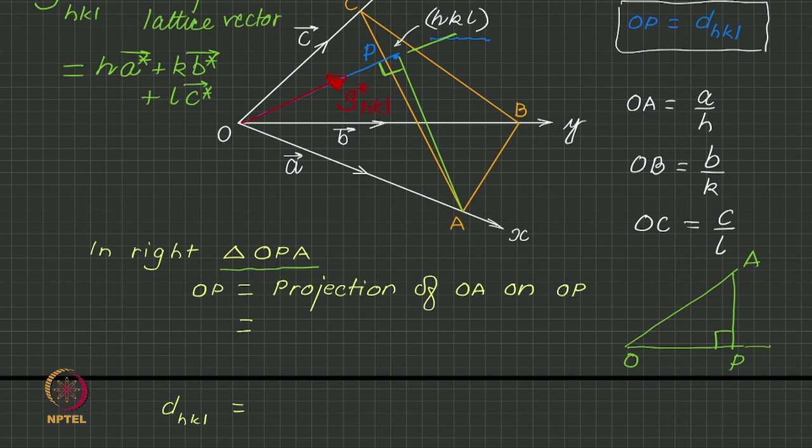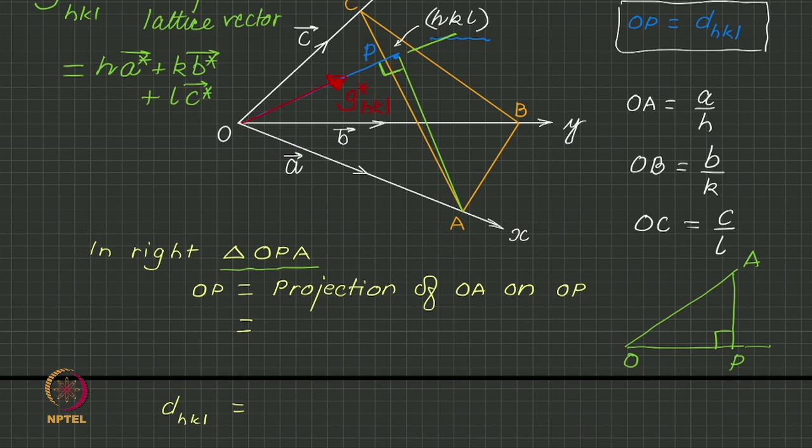In a right triangle, both the base and the perpendicular are projections of the hypotenuse, because you go by perpendicular lines. So, OP is the projection of OA on OP.